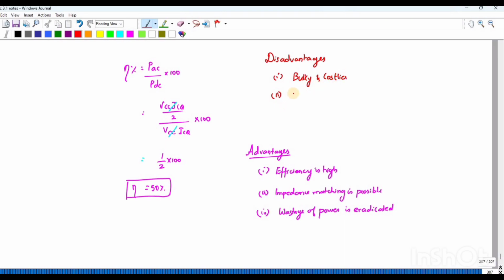The circuit design is complex. Next, the frequency response of the circuit is better than the direct coupled, and it is less than the class B operation.